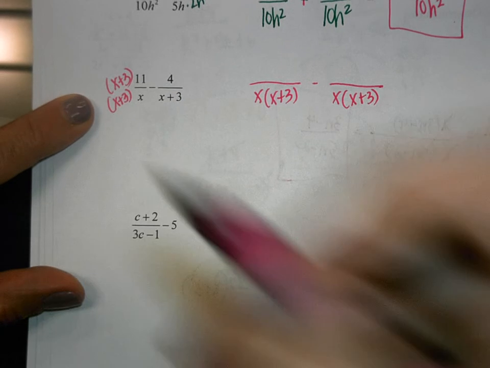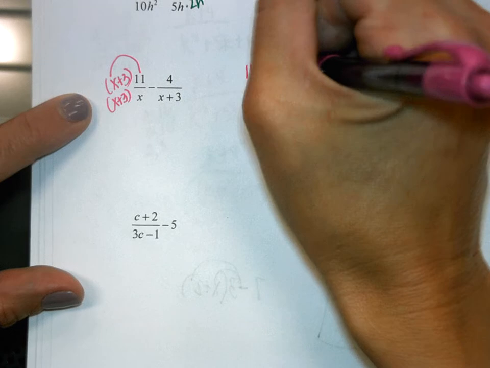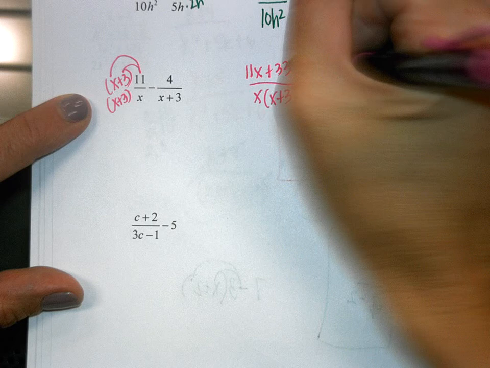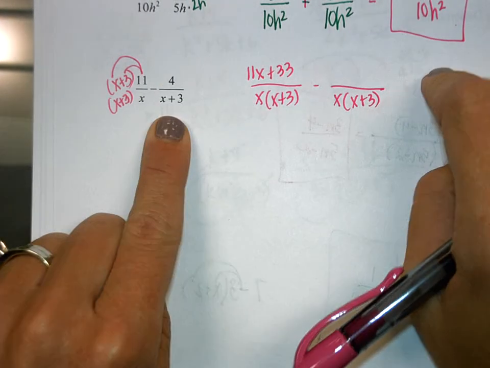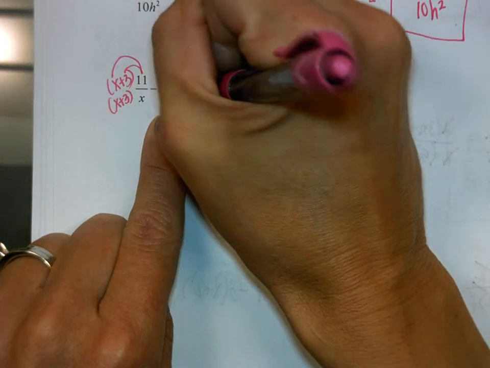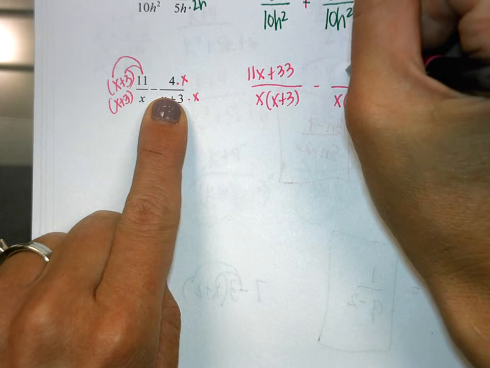Good, we're going to distribute. So 11 times x is 11x, and 11 times 3 is 33. Good. Okay, over here, what am I going to have to multiply the top and bottom by? x. Okay, and so 4 times x makes 4x. But what do I have to do now?